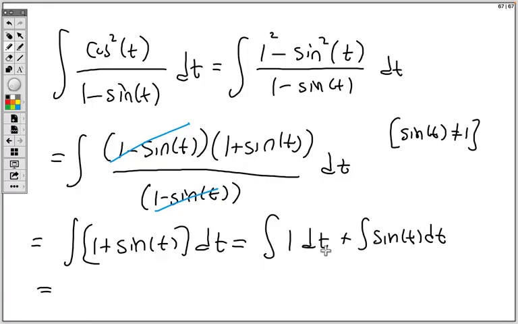The integral of 1 dt is t. The integral of sine of t dt is minus cosine of t plus c. So once again, take the derivative, reverse the algebra, do the trig identity, you're back to the start. Or you could check it graphically, assuming you switch out the t's for x's.